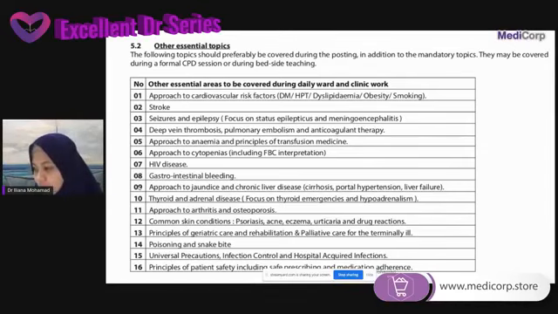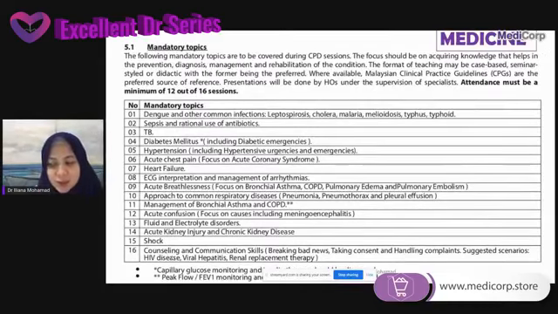These are quite common as well. So approach to cardiovascular risk factor, stroke, seizure and epilepsy, DVT, anemia, cytopenia, HIV, GI bleed, approach to jaundice, and some endocrine, skin, geriatric, poisoning. So basically, there's a lot to learn, guys. So don't feel overwhelmed, at least you cover the common ones, the first 10, okay?